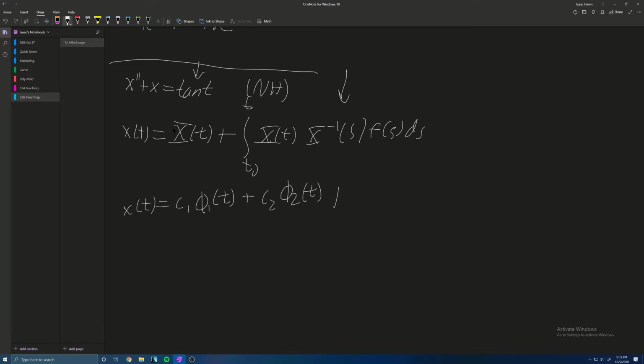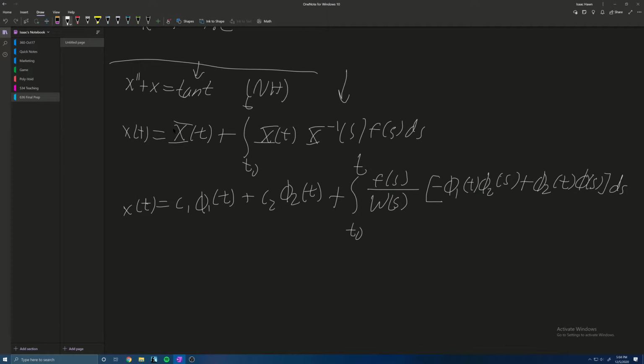Phi 2 of t plus the integral from t naught to t of f of s over the Wronskian of s times this whole thing here: negative phi 1 of t, phi 2 of s rather, plus phi 2 of t, phi 1 of s, ds.